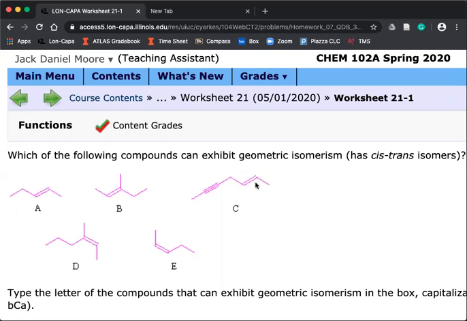Once we've identified a structure with a double bond, we want to make sure that there are two different groups on both sides of that double bond. So if we analyze this skeletal structure, we have a carbon right here attached to another carbon and then another carbon. This carbon has 3 bonds, meaning that it is also going to need a hydrogen.